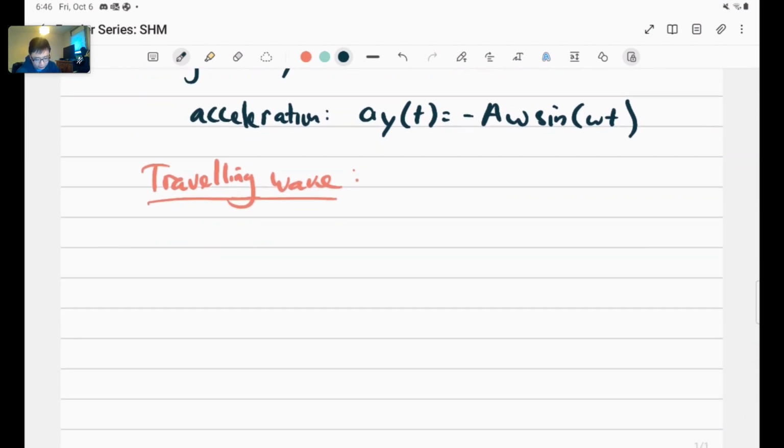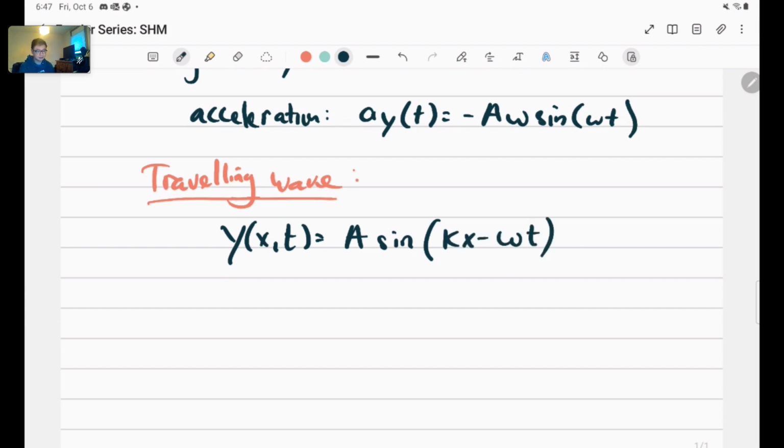So when we write down the position, it's A times sine of (kx minus omega t), and this is the general form of what's going on here. Oh, by the way, this A is going to be replaced by y0, to be general in the same sense as the A just now.